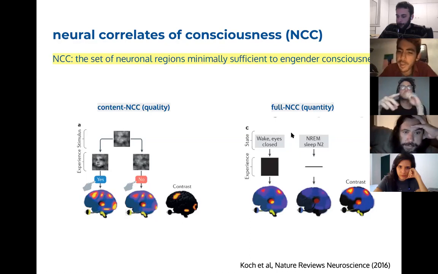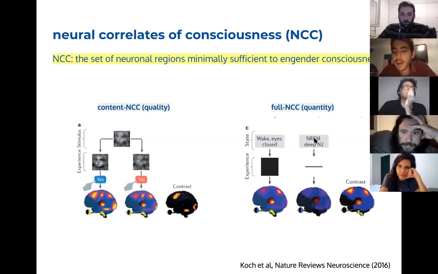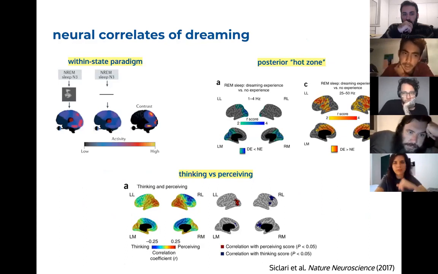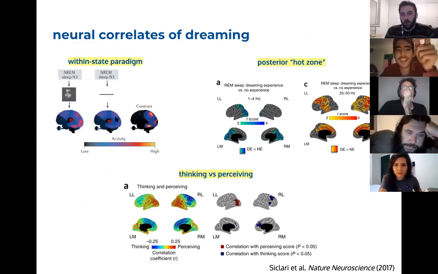The problem with this is that you might get differences which are not due exactly to consciousness, but are specific to some background conditions that allow, for example, wakefulness. So here you have a paradigm in which you probe consciousness in the same brain state, like non-REM sleep.